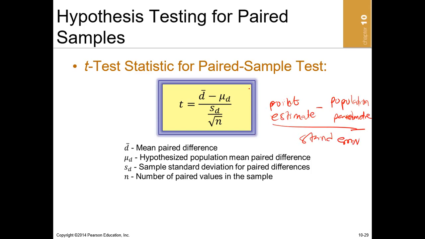Okay. So the point estimate is the difference that you compute, the D bar. Then the population parameter will be the population difference. Then the standard error is the standard deviation of the paired sample over root N, all right? So that's how we compute T for paired samples.